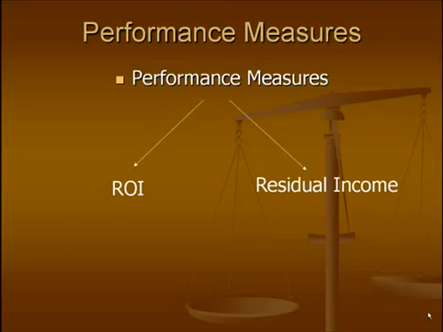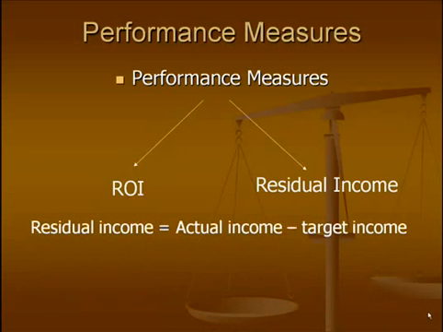The purpose of residual income is to try to overcome the problems of ROI, which I talked about. Here is the formula for residual income. Residual income is actual income minus a target income, target or budgeted income.